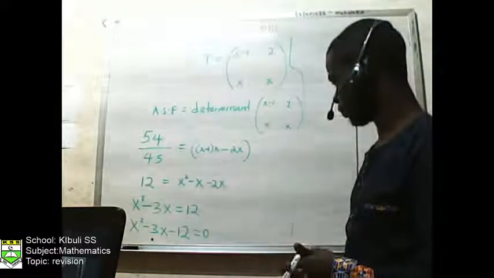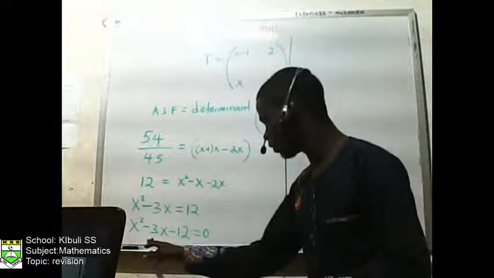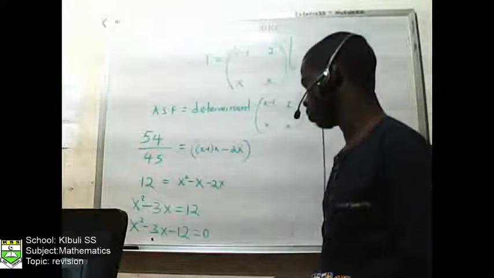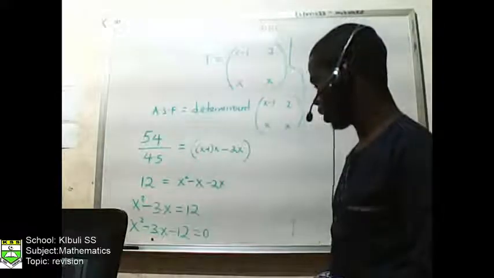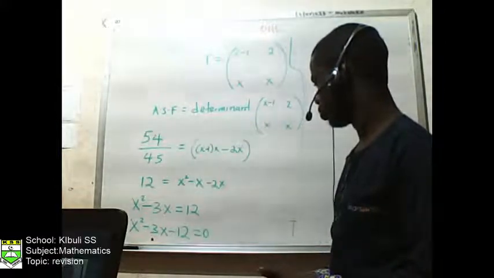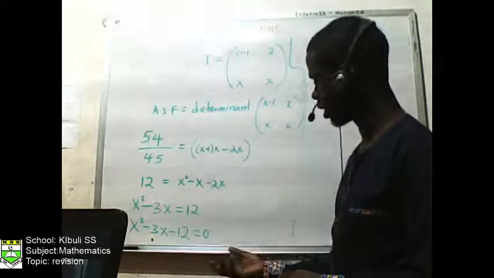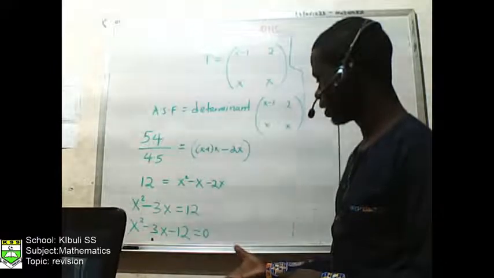Now let me first use the factorization method here. When I'm using factorization, I get two numbers with a sum of negative 3 and a product of negative 12. What are those numbers?